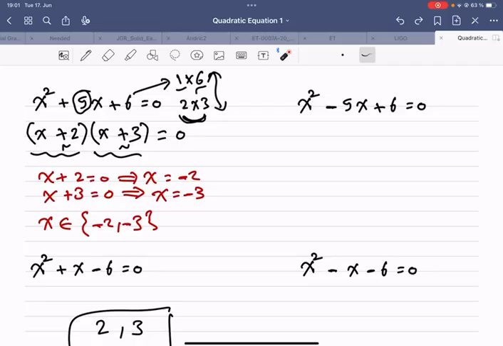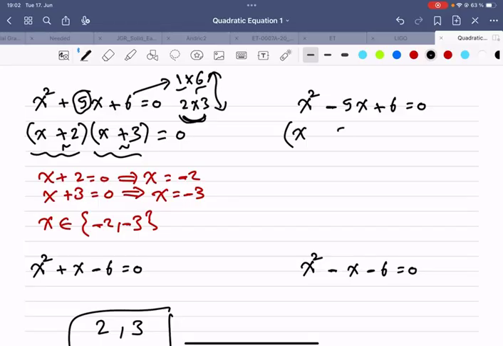As we see in the previous example, the multiplication of the two numbers gives the free term, 6 here. So positive 2 multiplied by positive 3 gives plus 6. And the addition of those two numbers gives the number in the middle, which is 5. Here is the same.